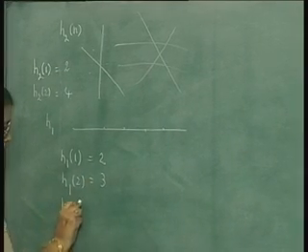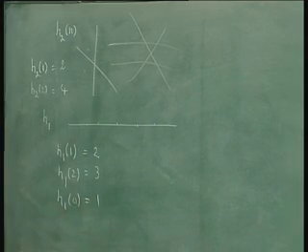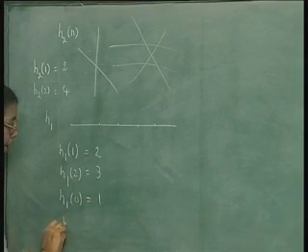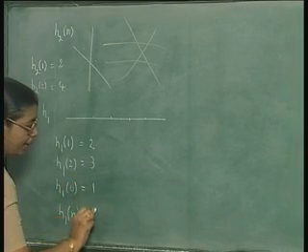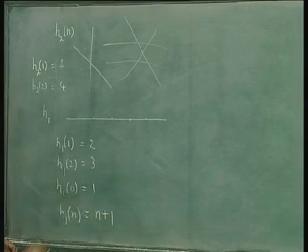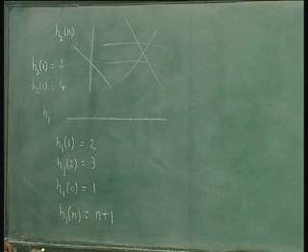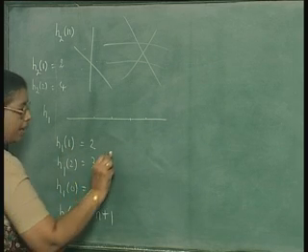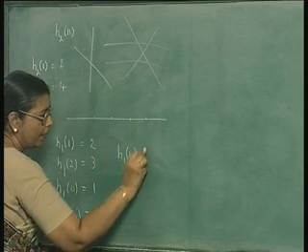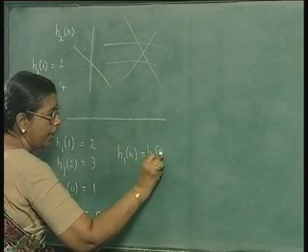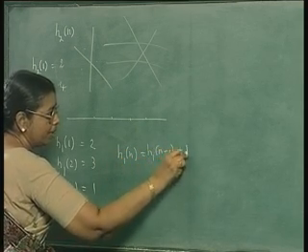H10 is only one, that is 1, and if you have n points, the line will be divided into n plus 1 line segments. The relation here is H1n equal to H1 n minus 1 plus 1.